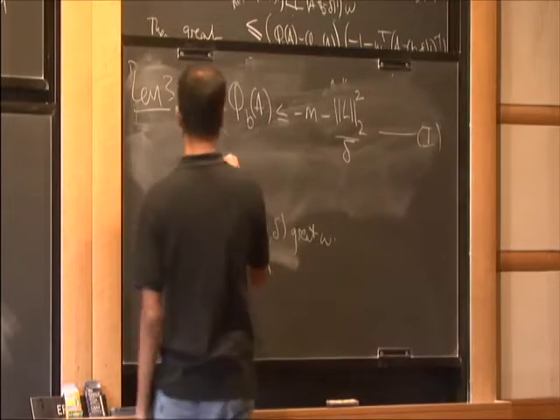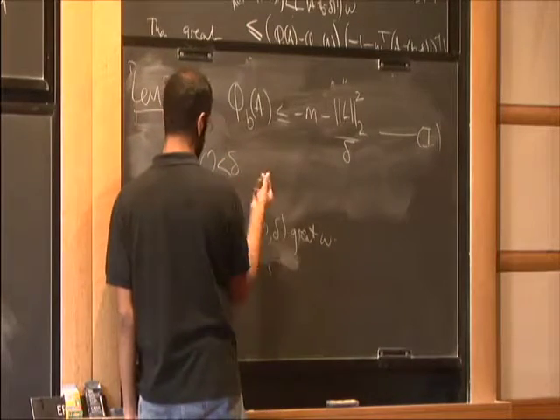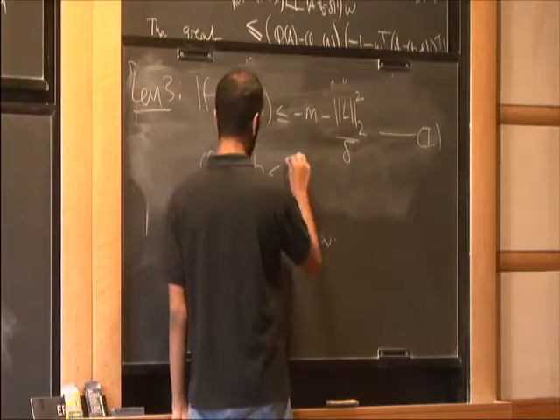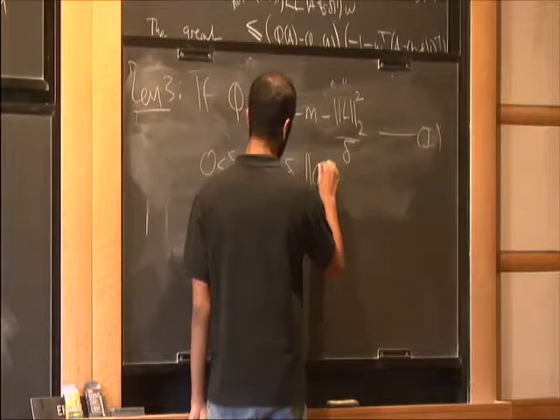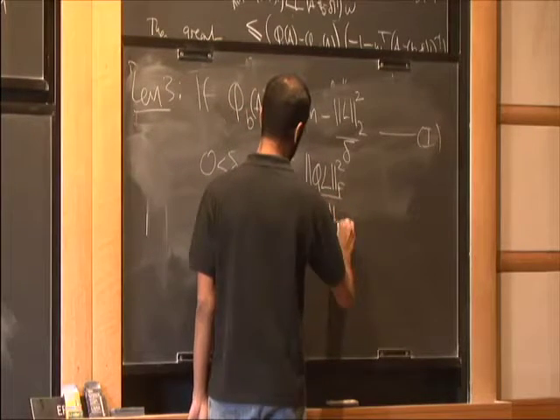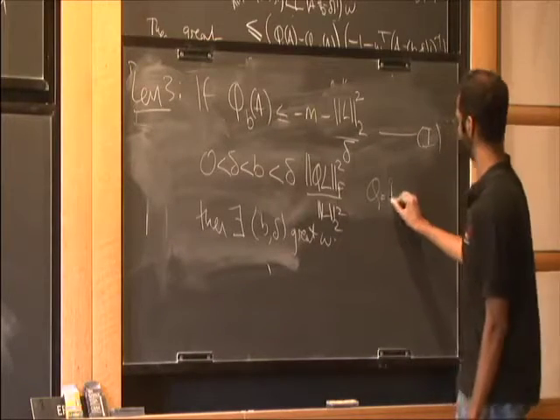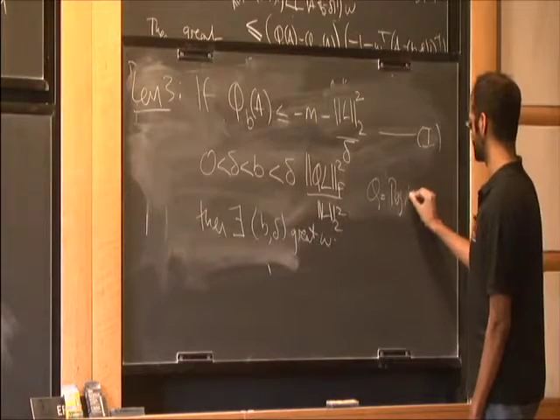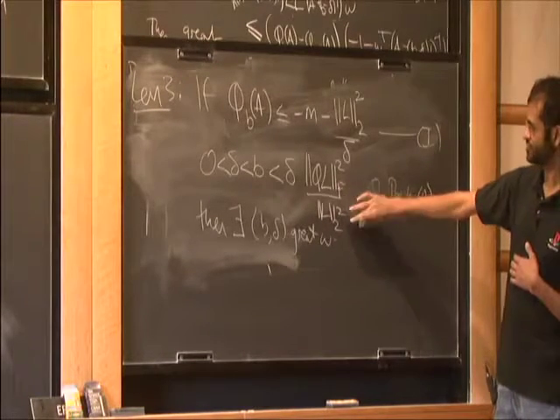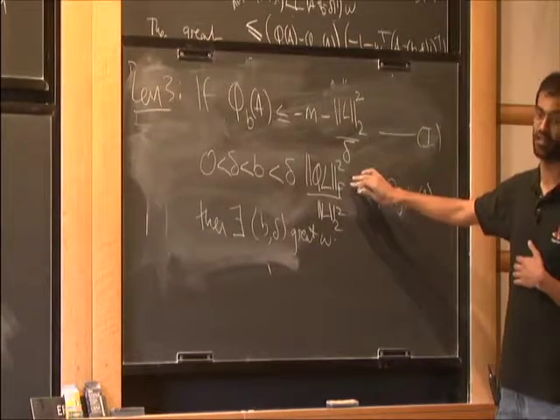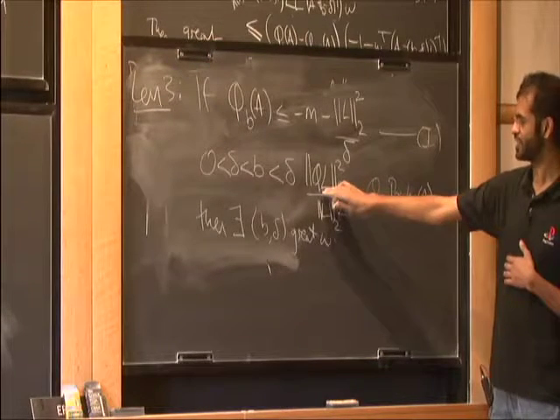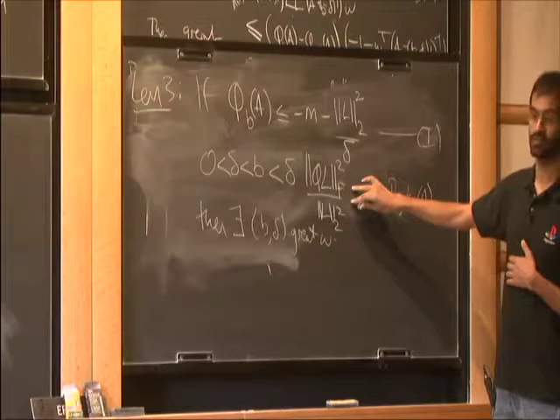Then there's another condition: delta has to be positive. It has to be less than B. I can't make this thing go beyond 0. But B also has to be at most delta times the Frobenius norm of QL squared over the L2 norm squared, where Q is a projection onto the kernel of A. So this is sort of measuring the stable rank outside A. Initially Q is the identity, and initially this is the stable rank.